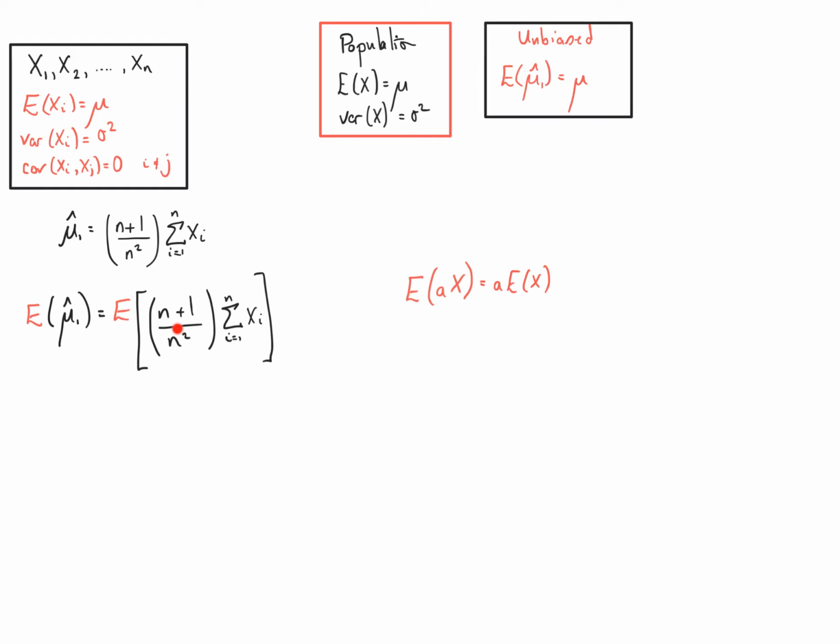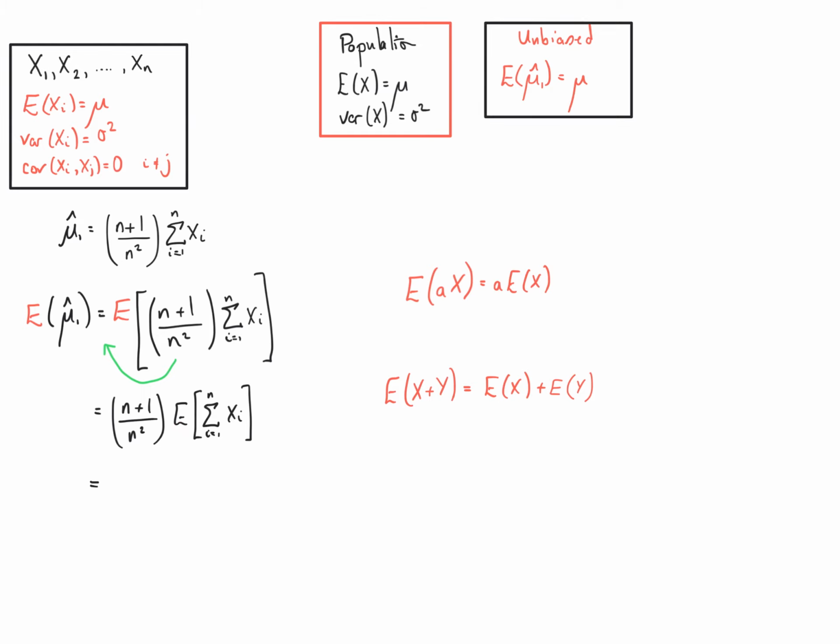So we can take the n plus 1 over n squared outside and rewrite this as n plus 1 over n squared times the expectation of the sum of the xi's. We also know that the expectation of a sum of random variables is equal to the sum of the expectations.